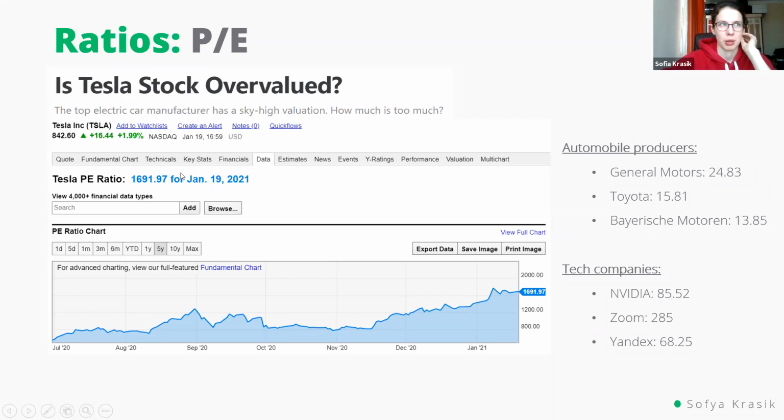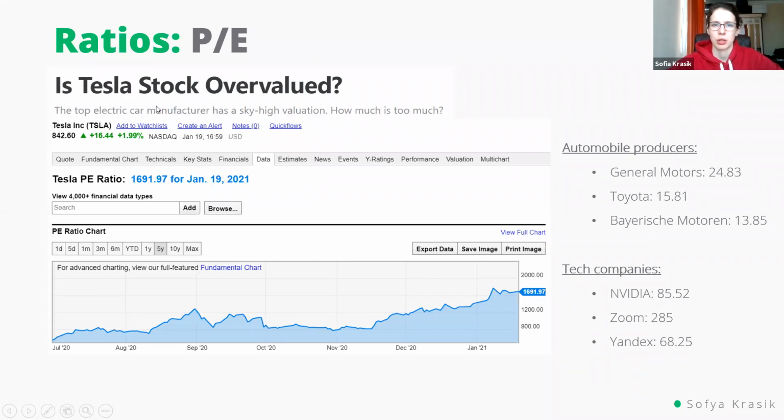Of course, I'm not making any specific conclusions. I just want to tell you why many analysts and investors argue that Tesla stock is overvalued, overpriced, and that the current price investors pay for Tesla is really too much. That's because on average in the industry, this price to earnings ratio is completely different. Some also argue that Tesla cannot be considered just as a regular automobile producer, and this is probably true because they are special.